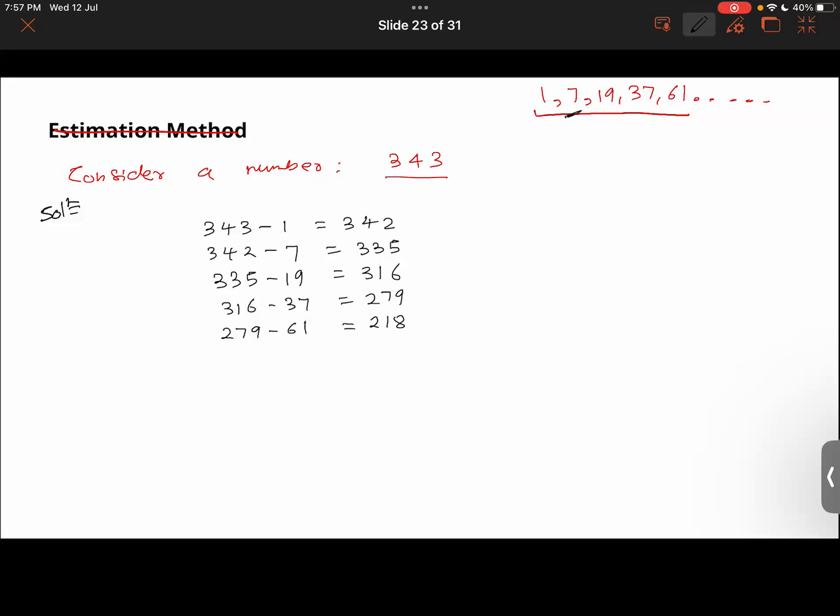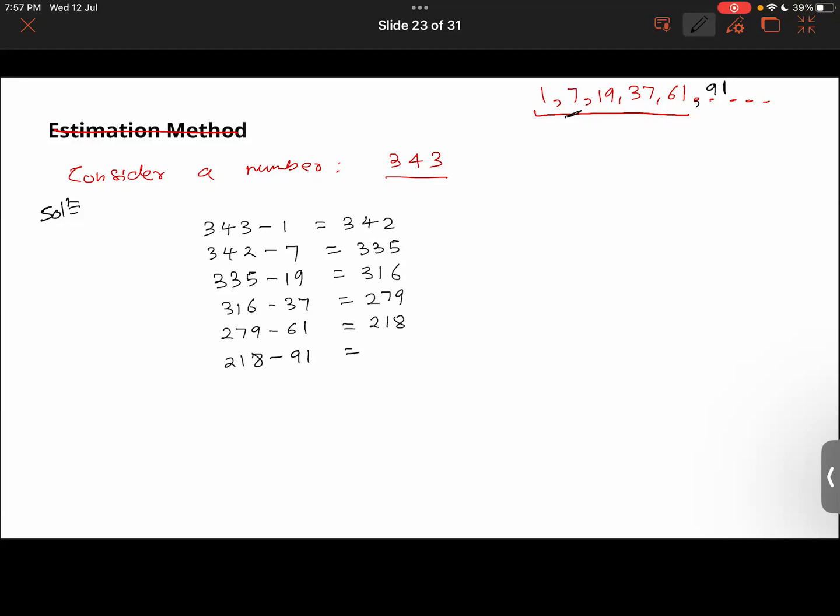218. Now, if you see the series, after 61, which number we had? We had 91. Remember the series? Then you will subtract 91 out of 218. That will give you how much?